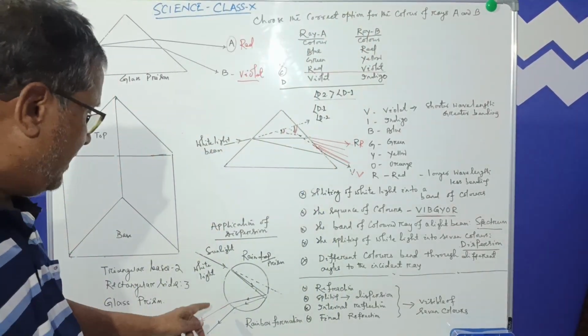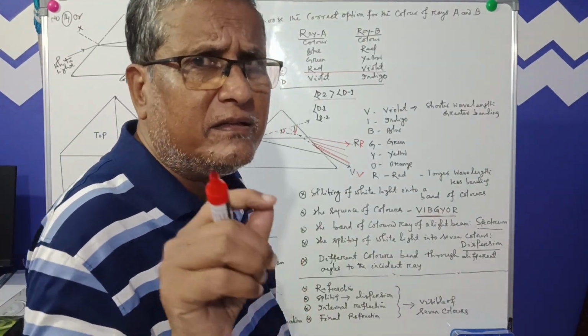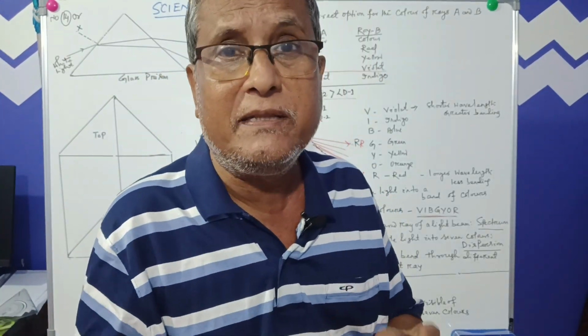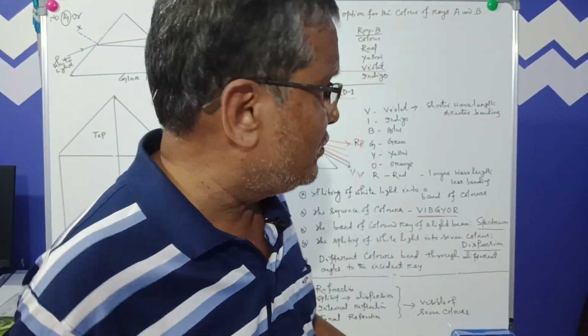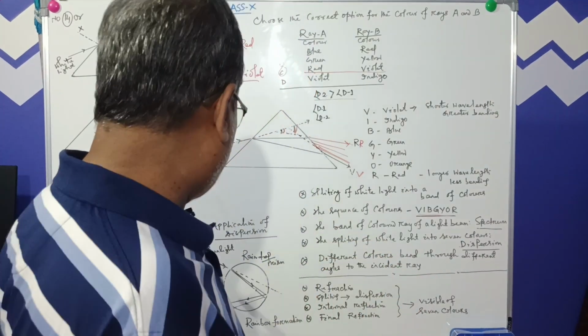Now you see, the water droplets act as small prisms. This is the very important part. They act as small prisms. So you know the special nature of a prism is dispersion. So what happens here?